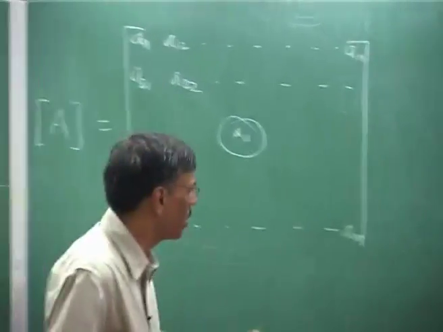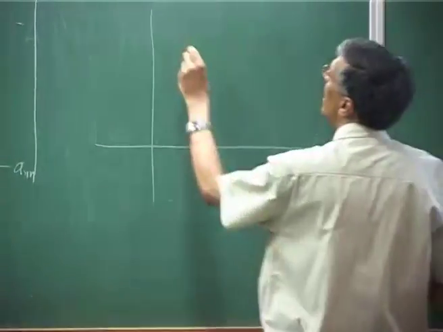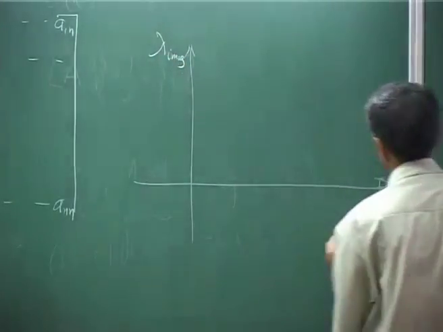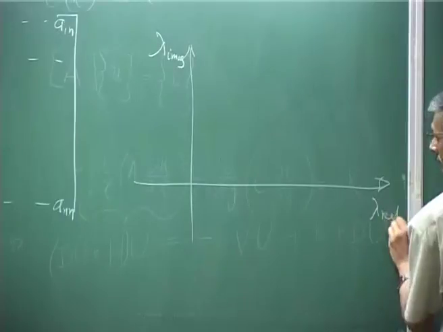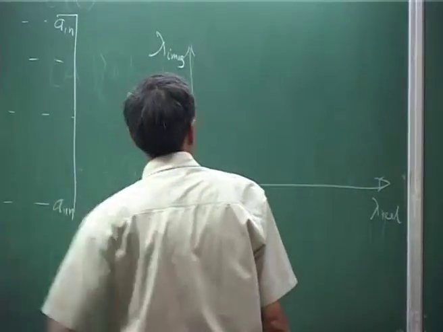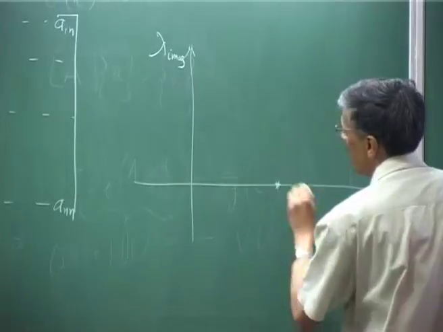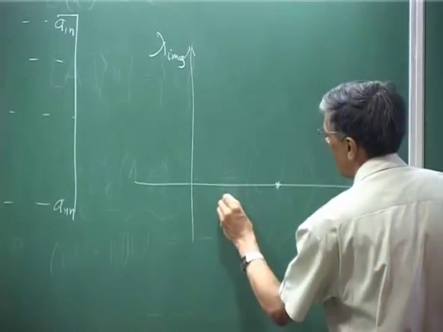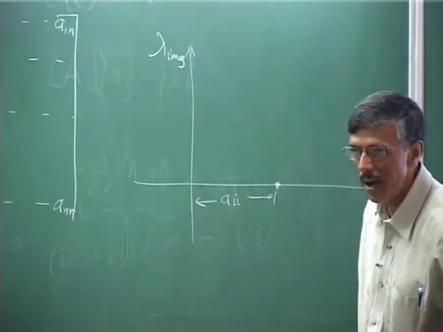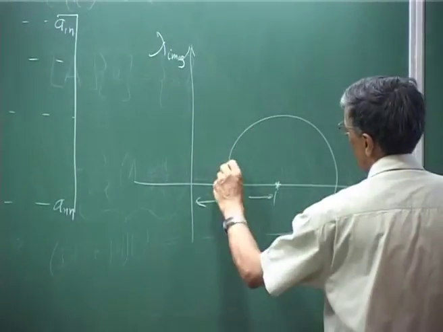So, basically we are trying to find the eigenvalues of A. I will plot lambda imaginary and lambda real, and I will look at the ith entry and find the center of that circle, which is at a distance A_ii from the origin, and then the radius of the disk that is formed is given by this.